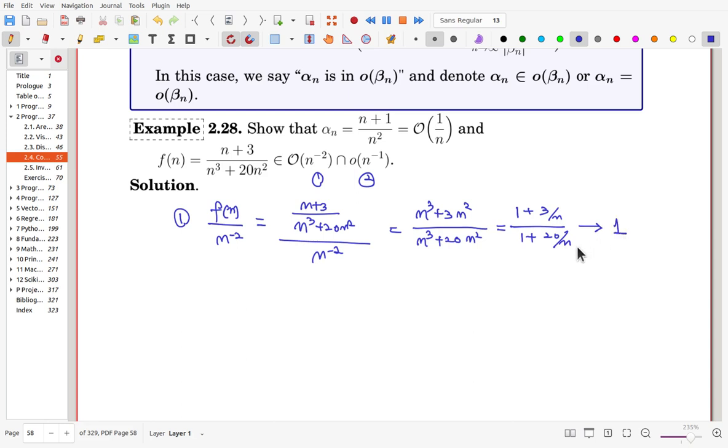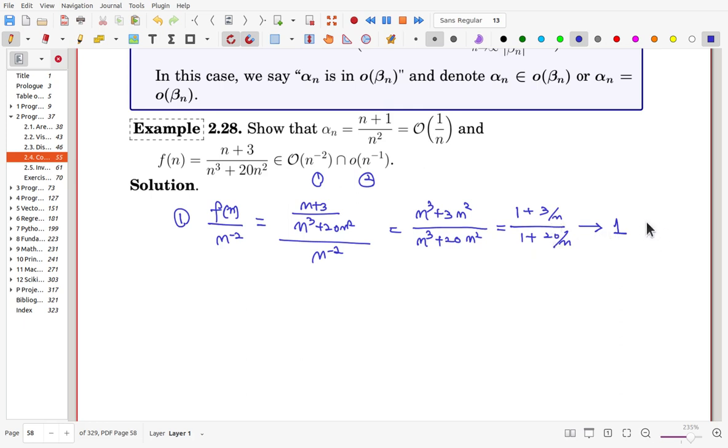Here we didn't use the absolute sign, but as n approaches infinity, these quantities are positive, so with the absolute sign we'll have the same result. You can say that this is less than 1.